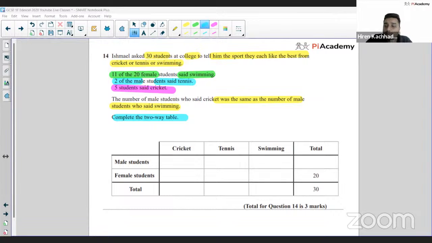Yeah, Coimbatore, male tennis 2. Okay, so Coimbatore is submitting the answer. Very good, Coimbatore. Yes, you can type like that. No problem. Yes, everyone, solve this.